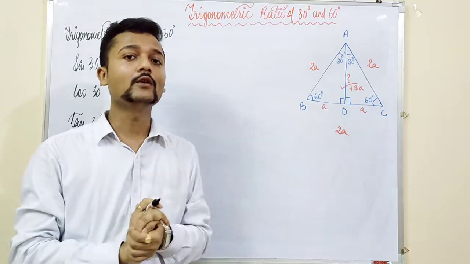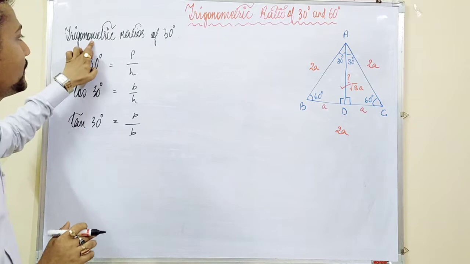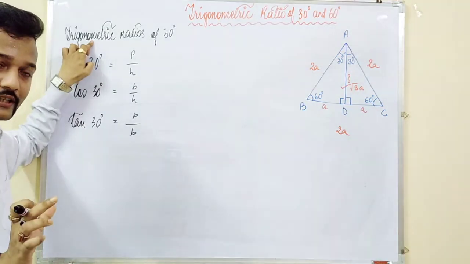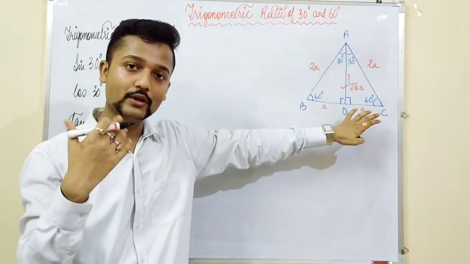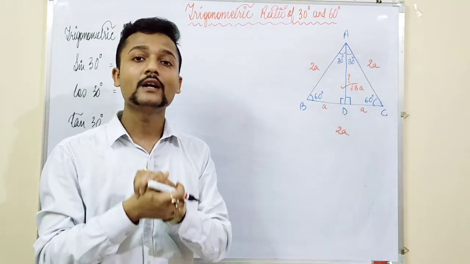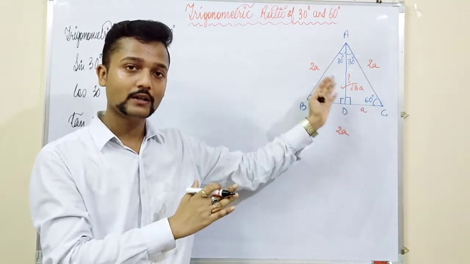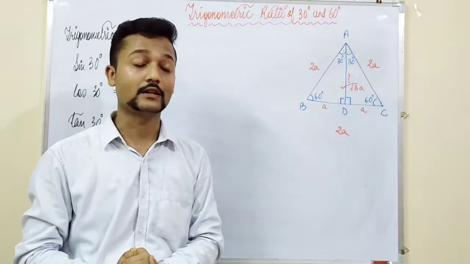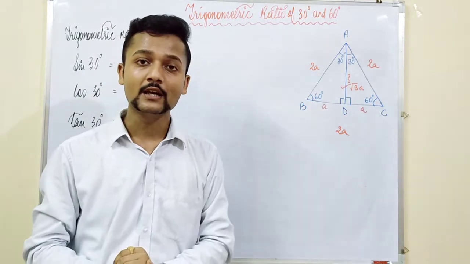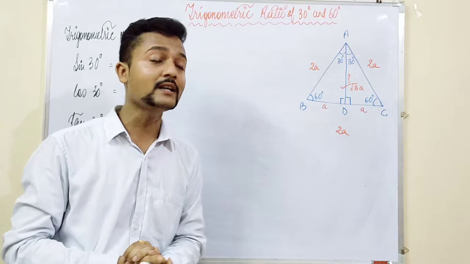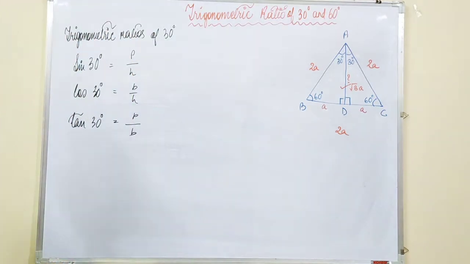We will find out individually. First we will find out the trigonometric ratios of 30 degree, and from the same diagram we will find the trigonometric ratios of 60 degree. I hope you are clear with how we found AD is equal to root 3 A.